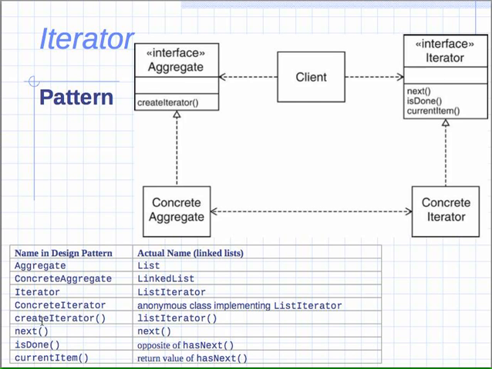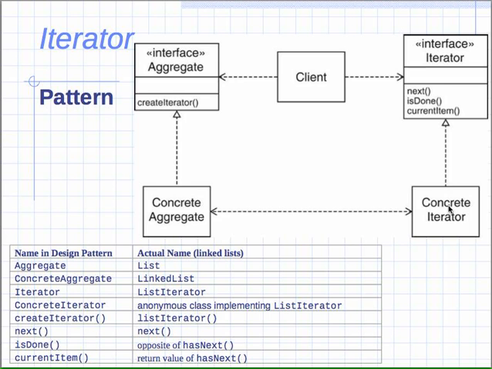Okay, so up in the aggregate, you need a method that will return an instance of this type, iterator. So you have a create iterator method that will return a list iterator object. The iterator interface has three methods: next, is done, current item.